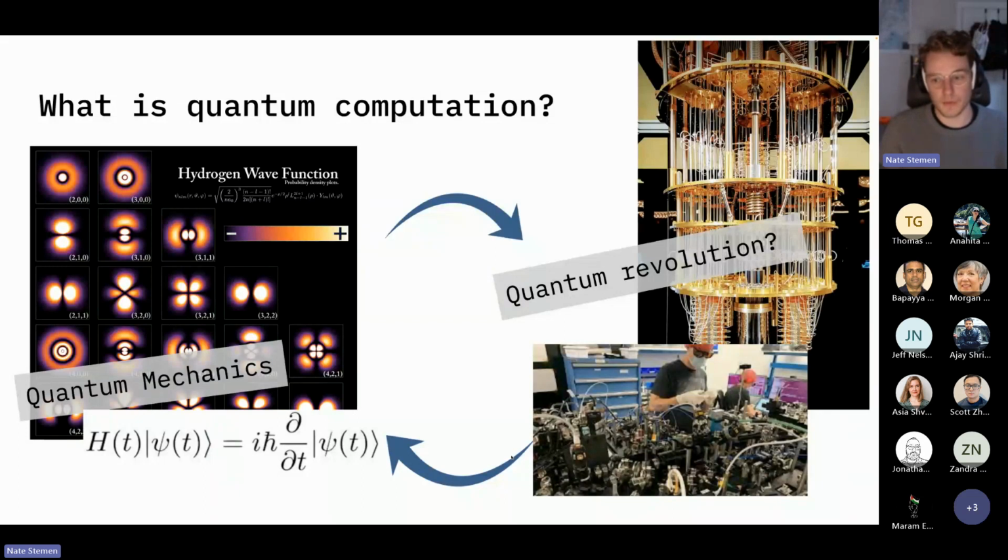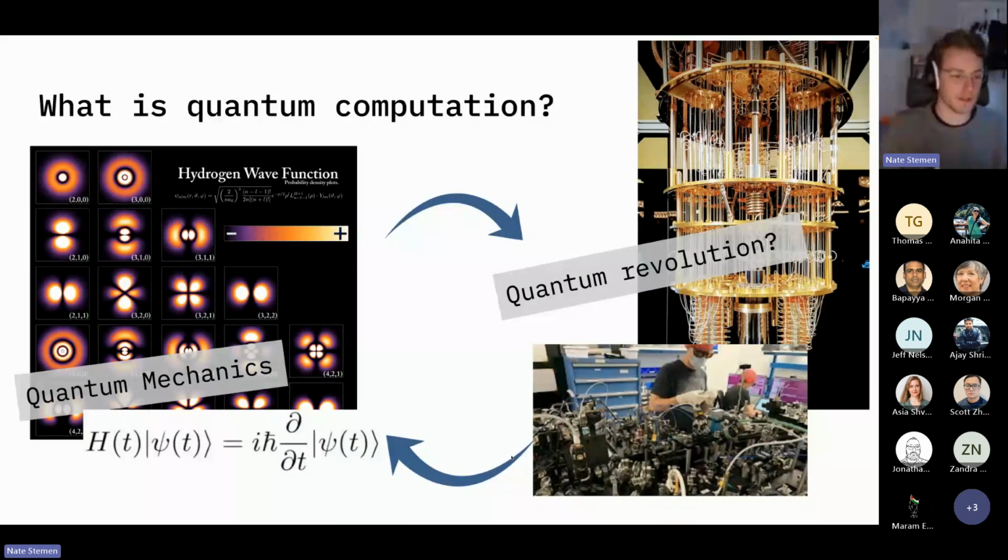And so basically quantum computation is like the pinnacle of things that we could do using knowledge of quantum mechanics. There's lots of other quantum technologies that have come of our understanding of quantum mechanics.